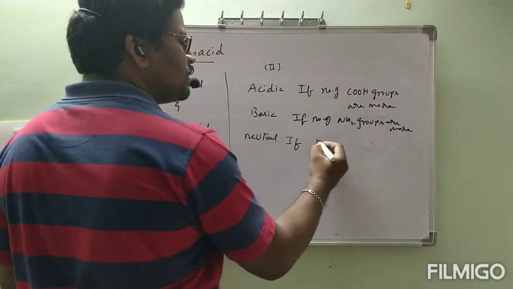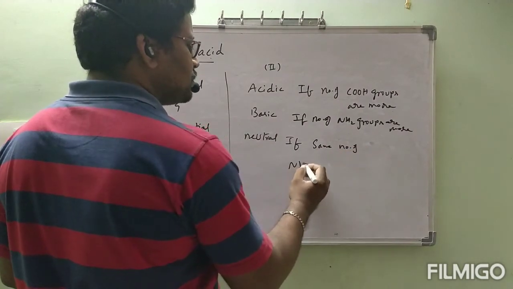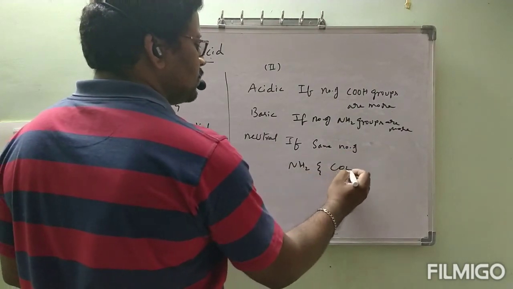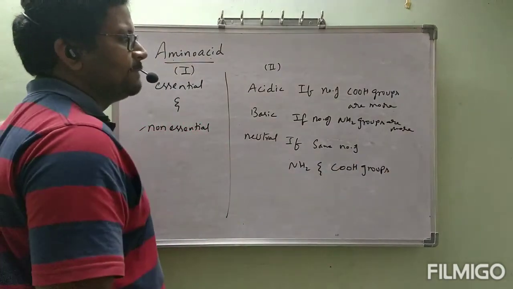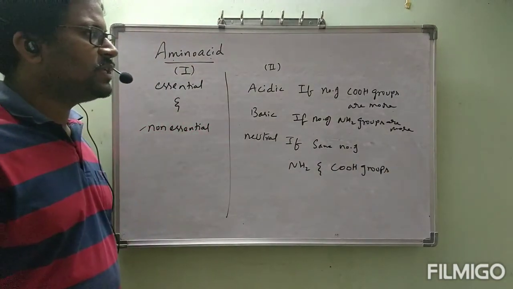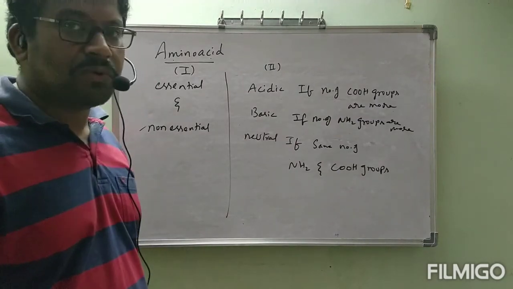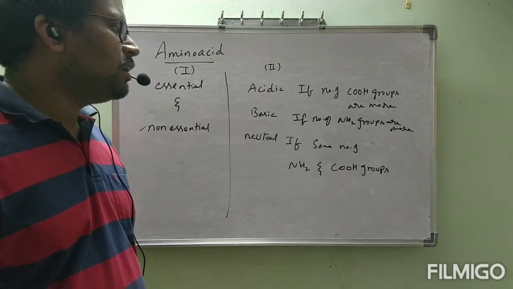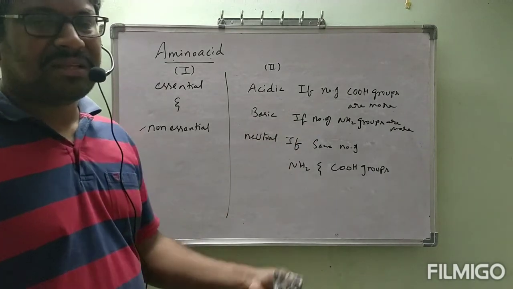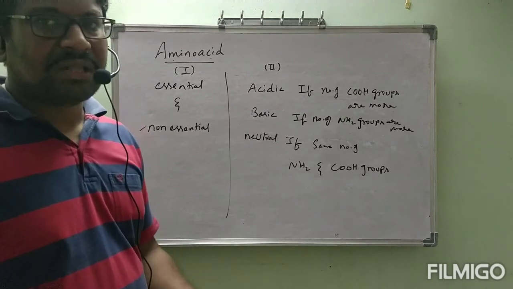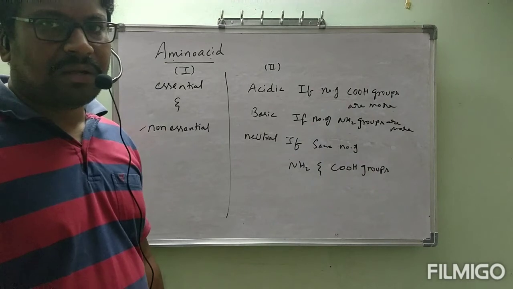If the compound has the same number of NH2 groups and COOH groups, then that is neutral. These are simple only. By seeing the molecules, structures and the tabular column, you will understand easily. No problem at all. Okay.